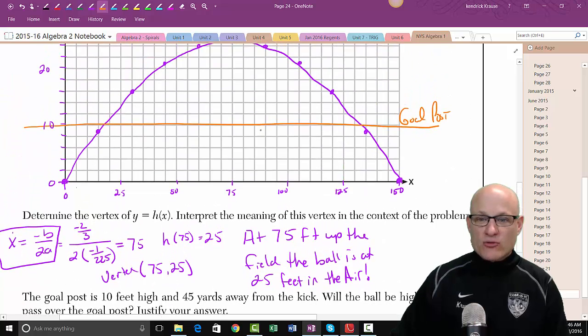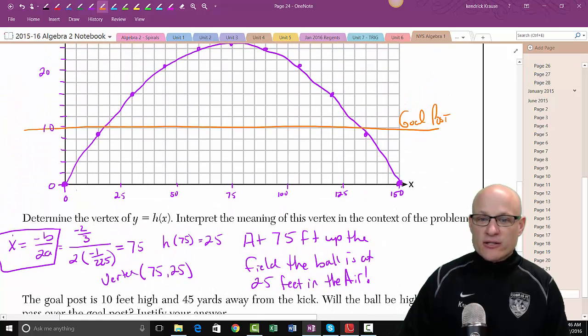So we come back over here and we look at 125, 130, 135, is right here. And at 135, the ball's only 9 feet in the air.